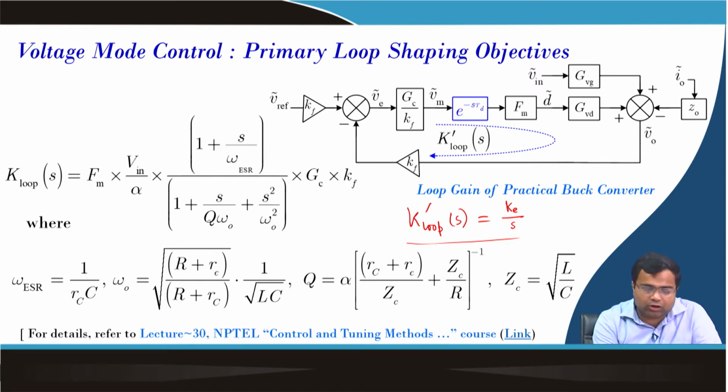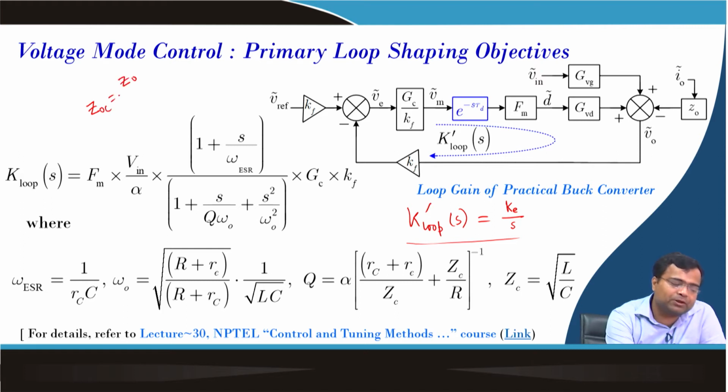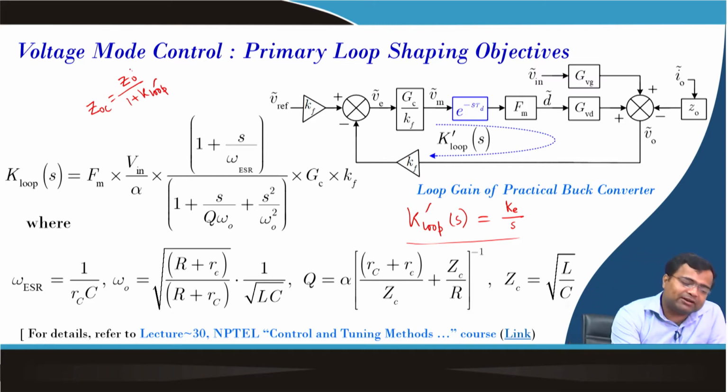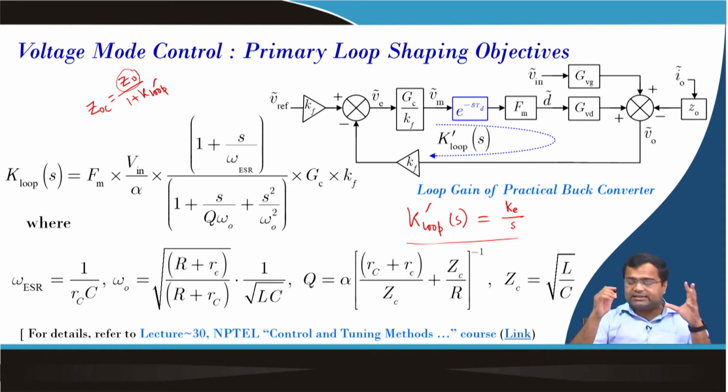But when you talk about the closed loop output impedance, then we still have the open loop impedance divided by 1 plus the loop transfer function. So, that means, even though you shape the loop transfer function, you may not have direct control over the open loop output impedance. As a result, we saw there is a difficulty in shaping the closed loop output impedance purely based on this. So, that means design based on pure loop shaping is not effective for shaping the output impedance.